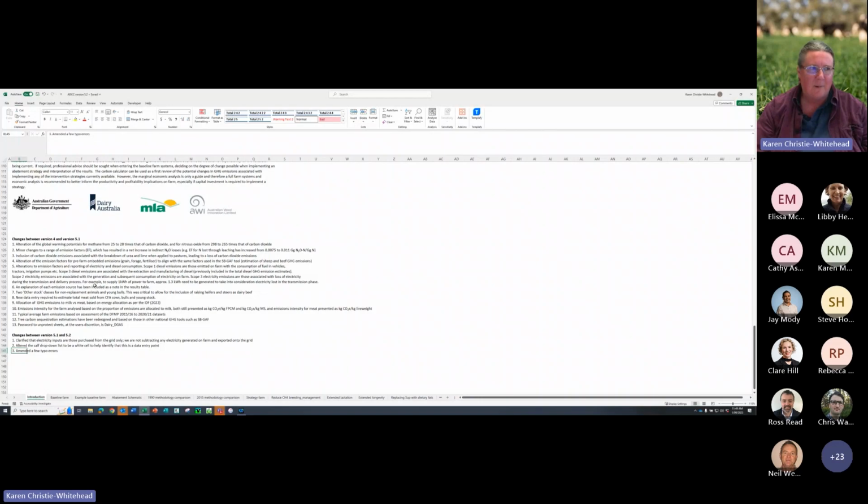So, in the past I used version 4 and now I'm using version 5. What's the difference with that? For example, between 5.1 and 5.2, there's just a few typos and I clarified electricity inputs, so there are no fundamental changes to the calculator.